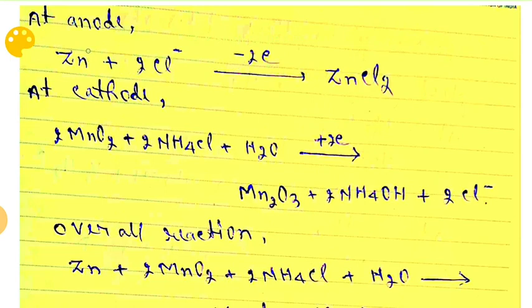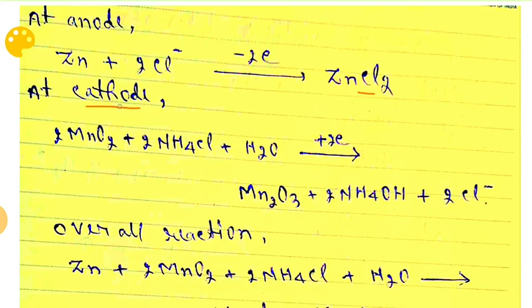It converts into Zn++, and it combines with Cl and converts into ZnCl2. So here zinc loses 2 electrons, so oxidation reaction takes place and it converts into zinc chloride.